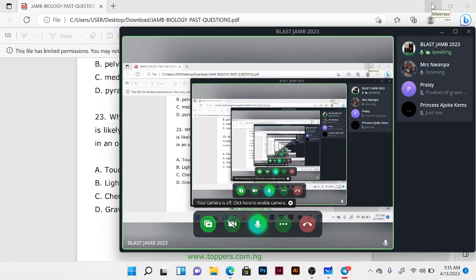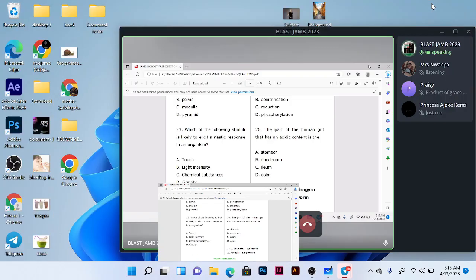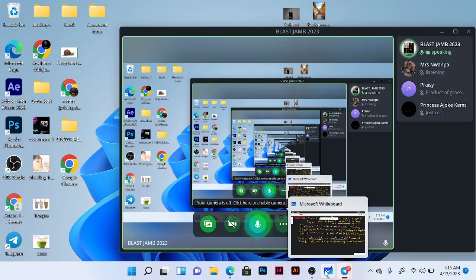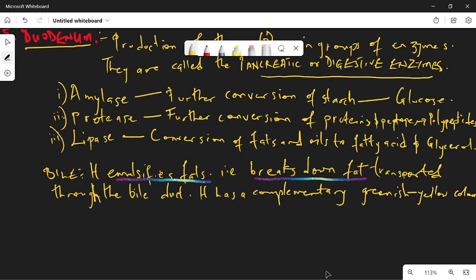Okay, I understand why you said lipase, because the food has a high concentration of fat. But remember, it is also meat, so it also has protein. So we will have the lipase acting on the food, as well as the protease. Each of them will act on the food substance. Is that clear?